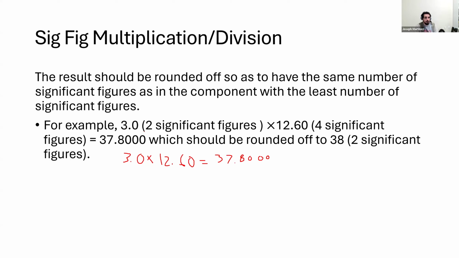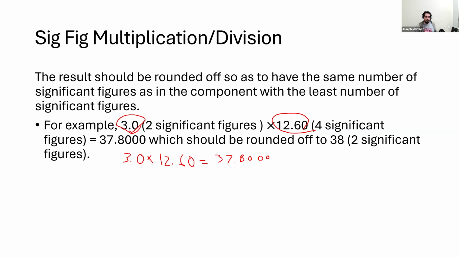In fact, we don't know how many of these digits are significant. So what we're going to do is look at our two measurements that we took, right? Whatever this 3.0 measurement, 12.60 measurement, right? These came from some place. Where did they come from? I don't know. But they tell us something about the precision of their source, right? And that 3.0 came from a source that only gave 2 significant figures of precision, right? The 3 and the 0 are both significant.